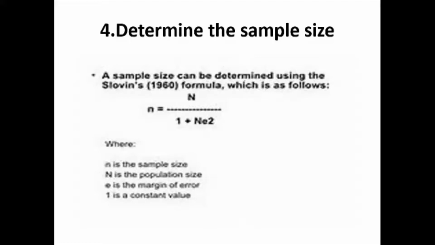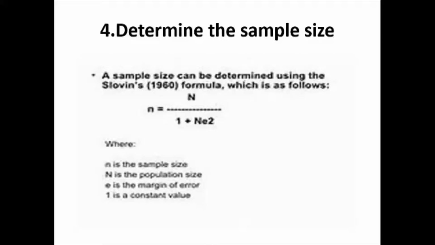In the selection of the sample, we should keep the error at a minimum level. Normally we keep it as 0.05, or 5% margin of error, or 1% margin of error.